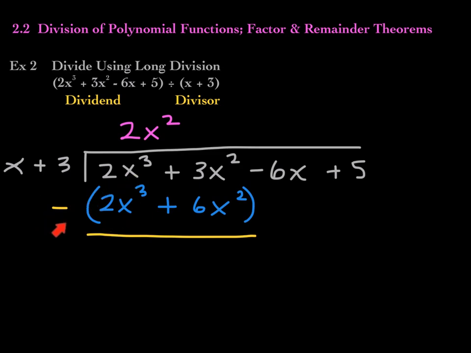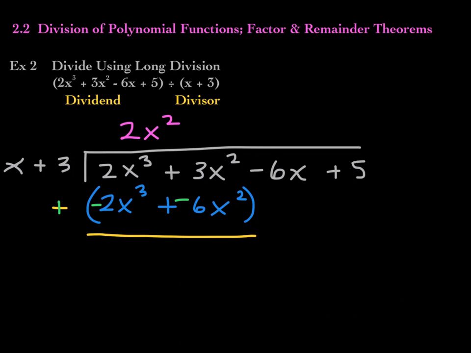You're subtracting a positive 6x squared from 3x squared. To avoid making a sign error, I suggest you distribute this negative inside of here. When you distribute this negative, this becomes addition of negative 2x cubed and negative 6x squared. Okay? I suggest you do this, that way you don't make a sign error.